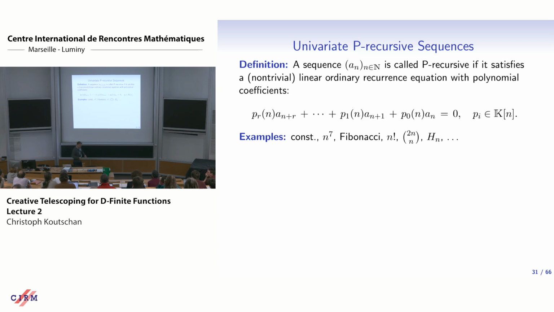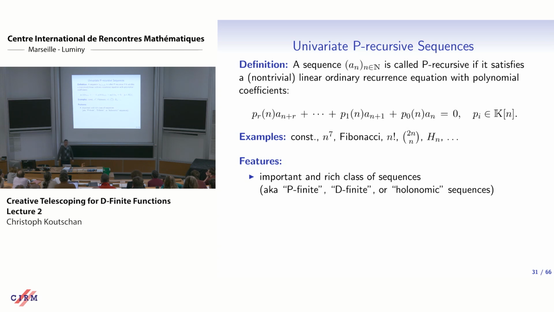So the hypergeometric terms that were introduced on Tuesday also fall into this class, because if f_{n+1} divided by f_n is a rational function, you cross multiply and you get a first order recurrence. So this is just a special case of this. And then things like harmonic numbers and many other things fall into this class.